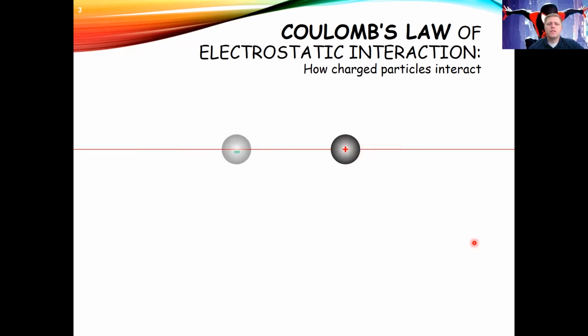But if one of those is negatively charged, as symbolized by the minus sign, then the positive and negative are going to be attracted to each other. Similarly, if you have two negative particles, they're also going to try to get away from each other.